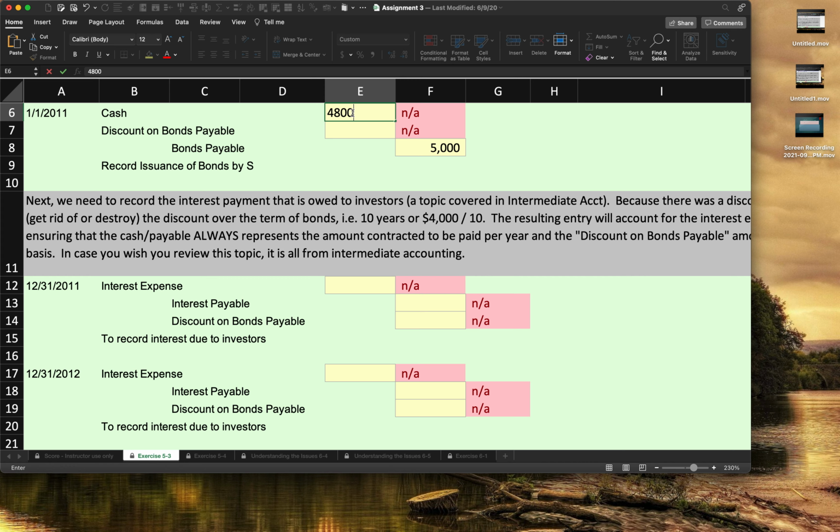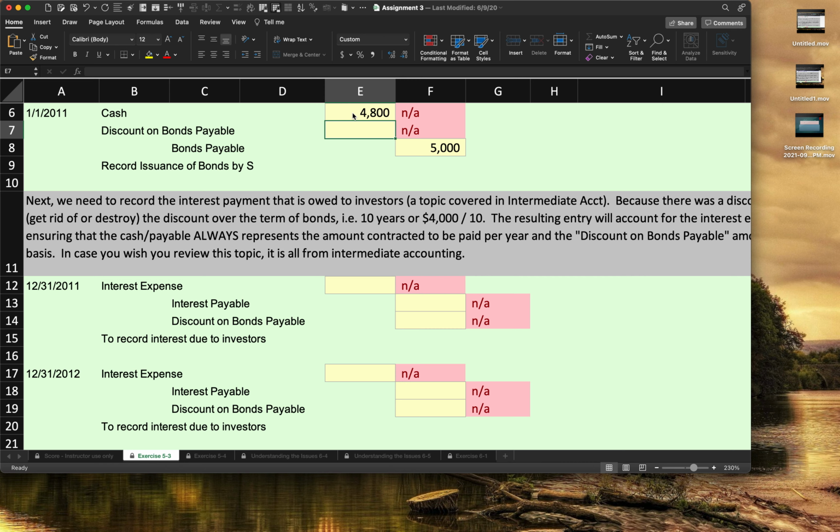But that's beyond the scope of this question right now. For now, I just want you to assume that we're going to give them a discount of $200. So we'll accept $4,800 for this obligation that we have to pay down the road. So I'm going to go ahead and accept that cash, $4,800. The numbers don't matter because I'm just making this example up, but the logic is still sound.